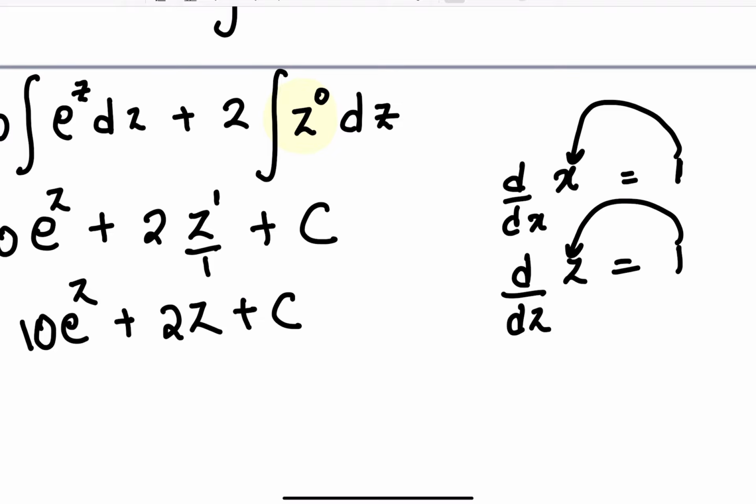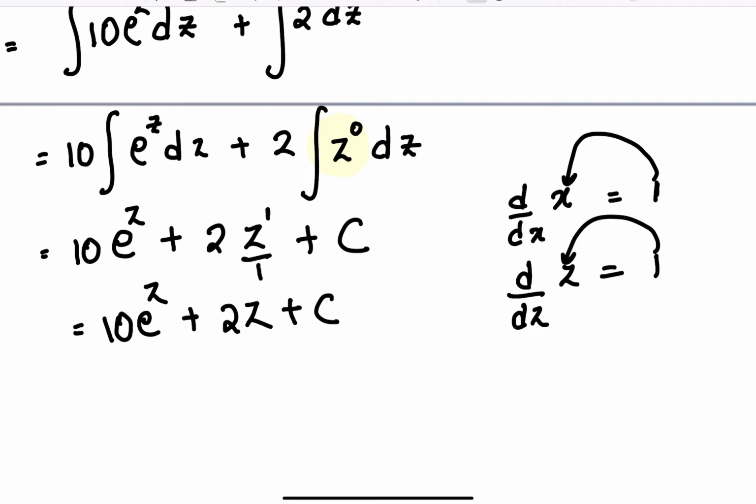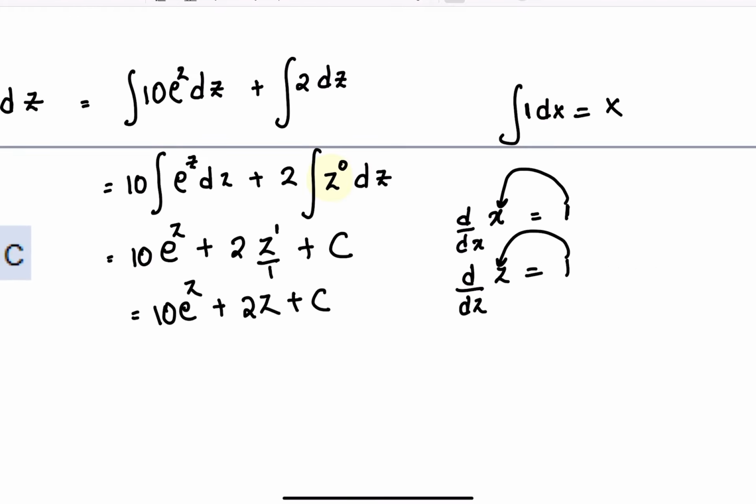So these are some of the tricks that you have to remember. Let me just put it this way: the integral of 1 dx is x, or the integral of 1 dz is z, based on what variable you're integrating or differentiating with.